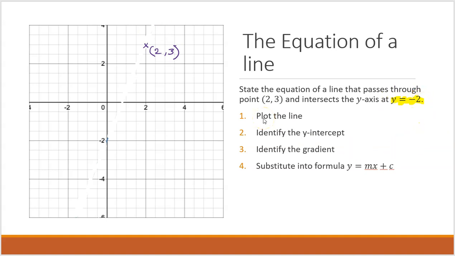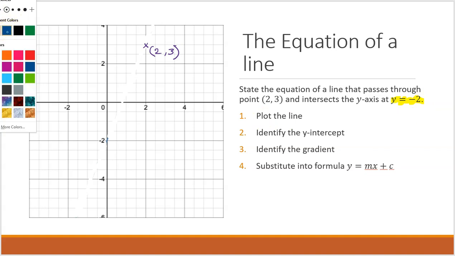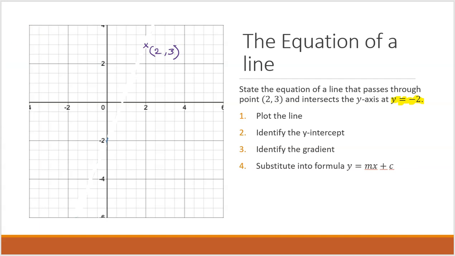Because it's the y-intercept, we always know the y-intercept happens at x equals 0. So putting these two pieces of information together, we can see that the y-intercept is at (0, -2).